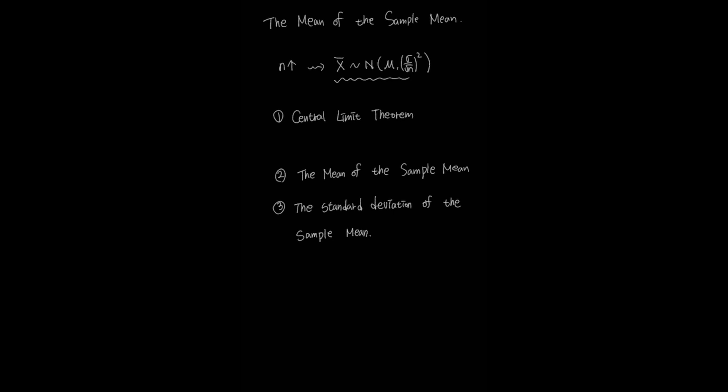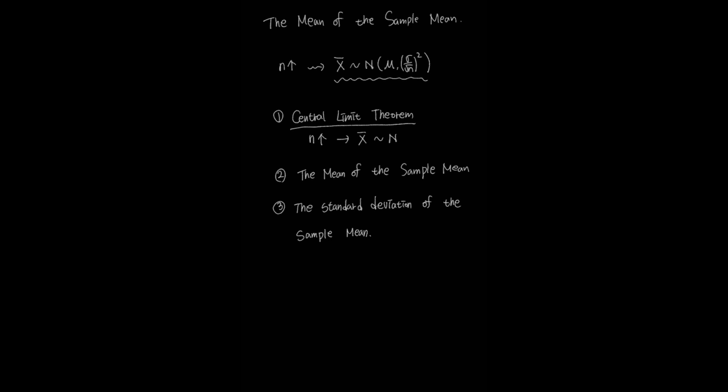To know about a distribution, there are three steps we need to go through. First, the central limit theorem. It helps us imagine the distribution of the sample mean: when n is large enough, the sample mean follows a normal distribution.